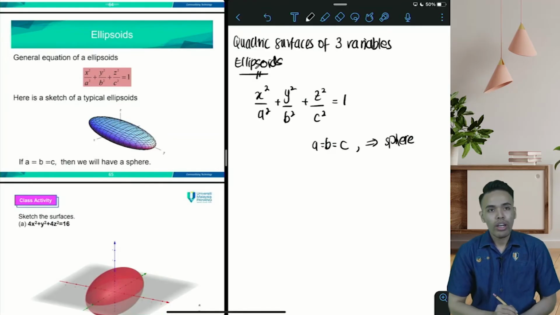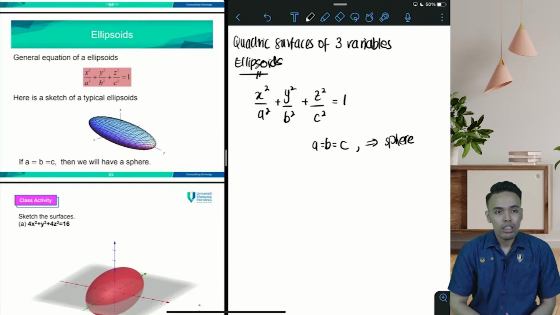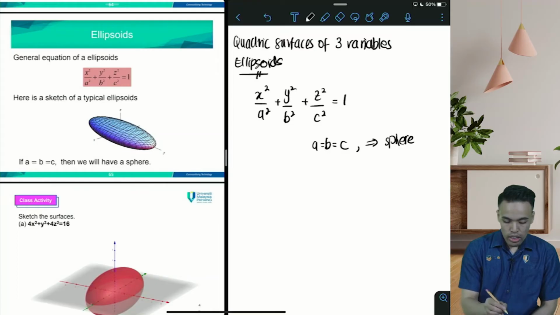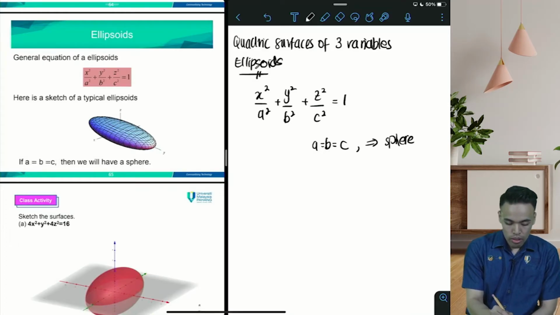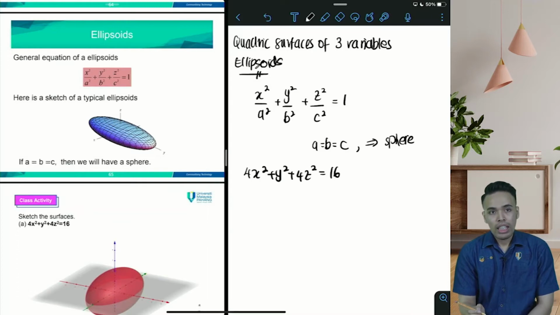Okay, right now, let's discuss how we can solve this, where the question asks you to sketch it in the 3-dimensional coordinate system. Take x squared plus y squared plus 4z squared is equal to 16.